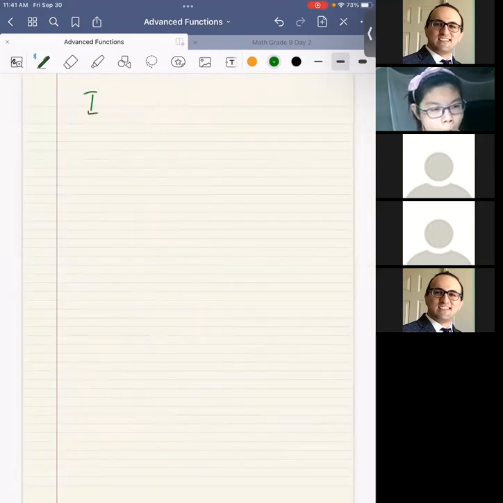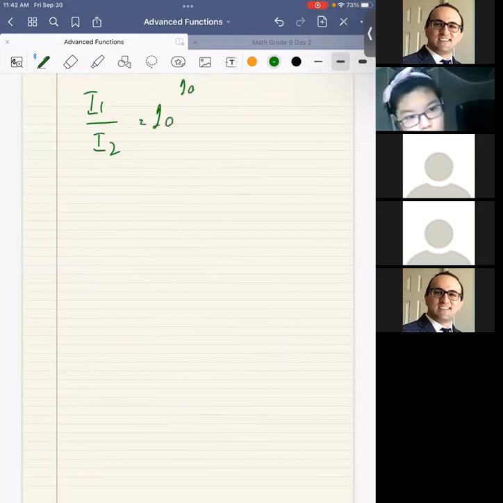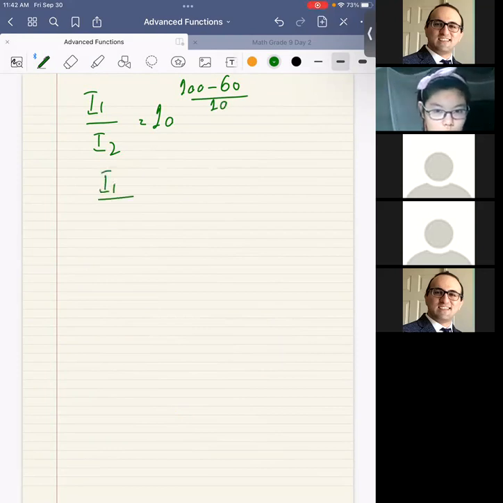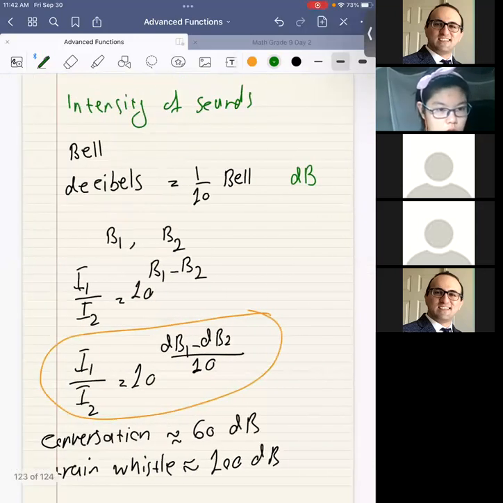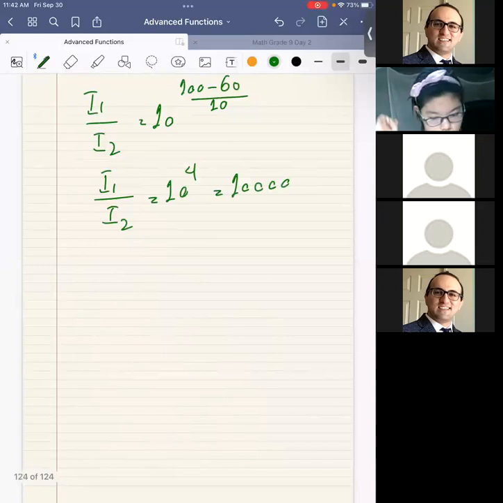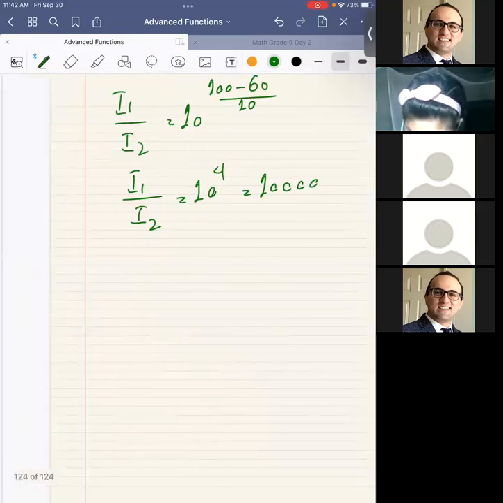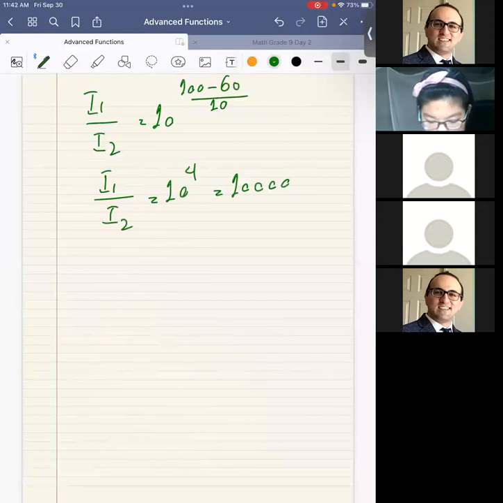That means I1 divided by I2 is 10 to the power 100 minus 60 divided by 10, right? So I1 over I2 is equal to what? 10 to the power 4. That means 10,000. So the sound of a train whistle is 10,000 times stronger than the sound of a conversation.